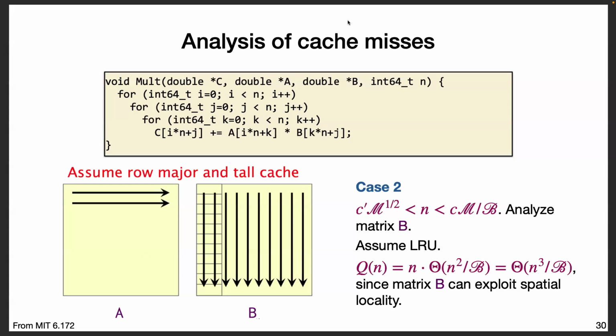So we get a factor of B in the reads to the matrix, because you don't have to incur another cache miss to read this one, or any of them down the second column. But eventually you're going to read more than B columns, and so we have to incur some more cache misses there. That's why it takes n squared over B to make one pass over this B matrix, and you have to make n passes. So the total in this case is n cubed over B.